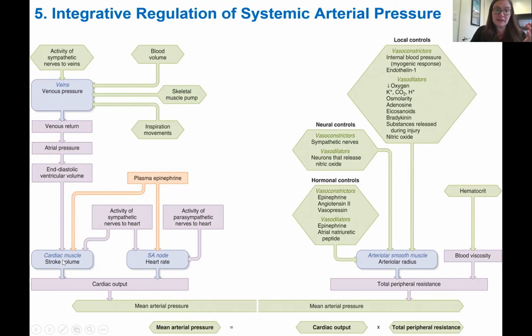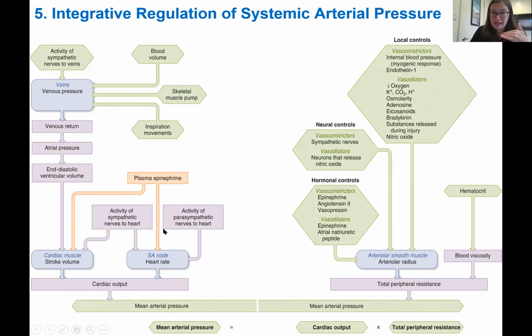We also know from the last lecture that plasma epinephrine and the norepi that's released from the sympathetic nerves onto the surface of the cardiac muscle, on the ventricles in particular, is going to activate stronger contractions of the cardiac muscle, which is going to improve stroke volume. You're going to get a bigger ejection fraction when you do that. So bringing more blood back with each beat and then making that contraction harder is going to increase stroke volume.